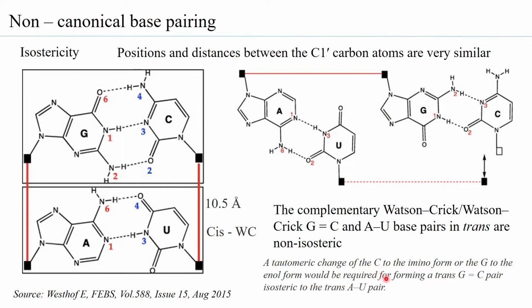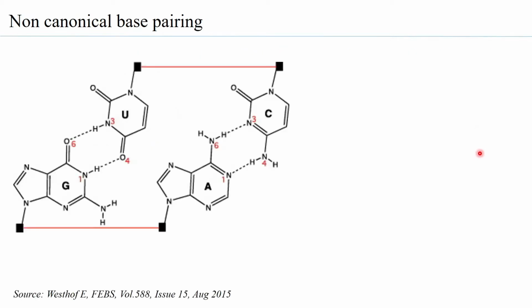But before that, let us consider the trans form in which you can have isostericity even with non-Watson and Crick base pairing. See here, this is a non-Watson and Crick base pairing, but there is no isostericity in this case. So, for example, you have the GU, this you know is non-Watson and Crick base pairing, so it is non-canonical.